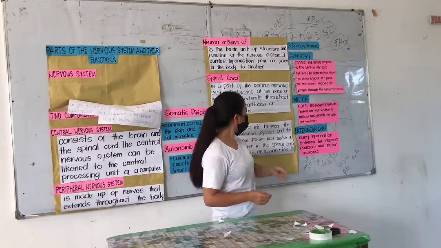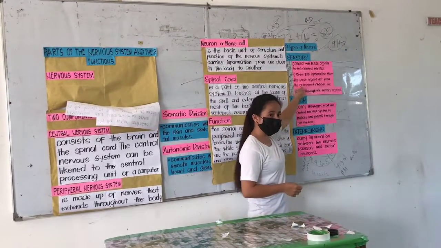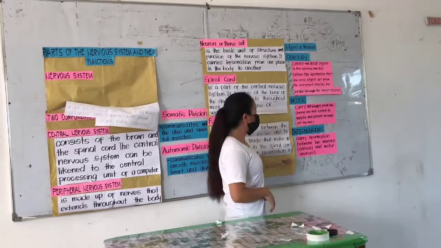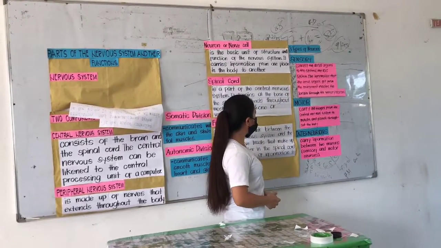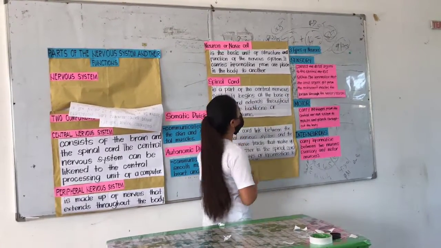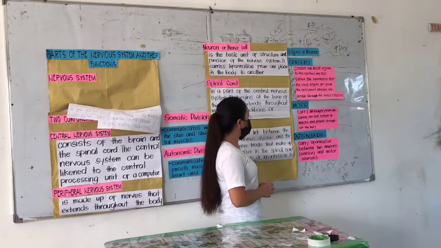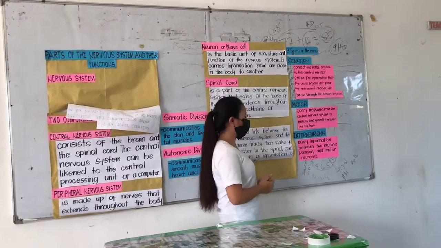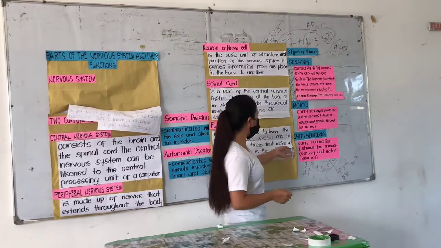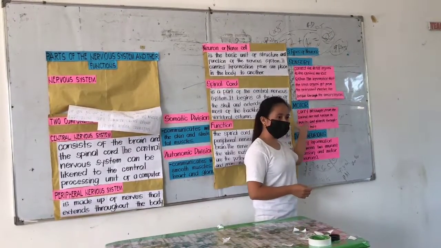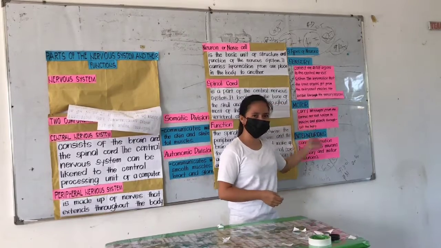So, Gian, can you please read the sensory definition? Sensory neurons connect the sense organs to the central nervous system. The information that the sense organs get from the environment reaches the brain through the sensory neurons. Okay, so Erica, can you please read the motor definition? Yes, ma'am.